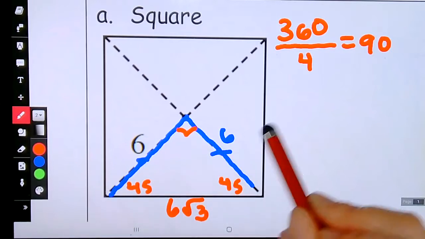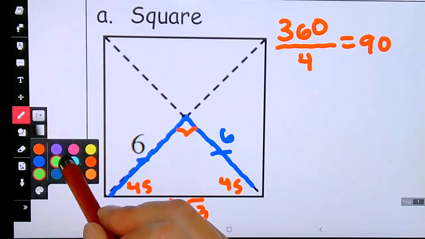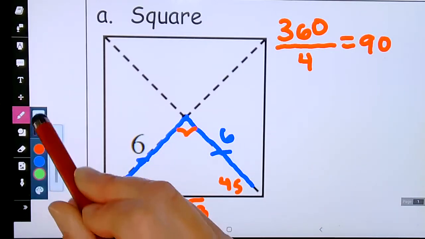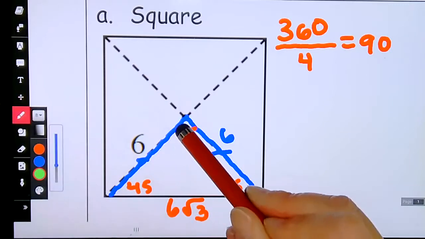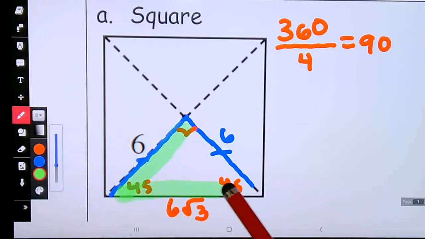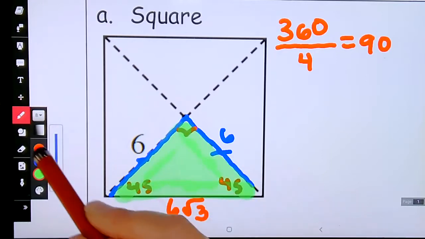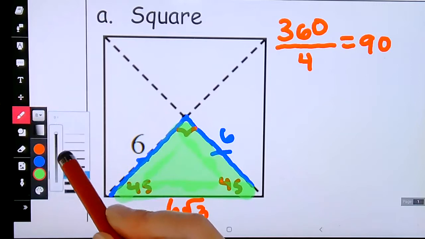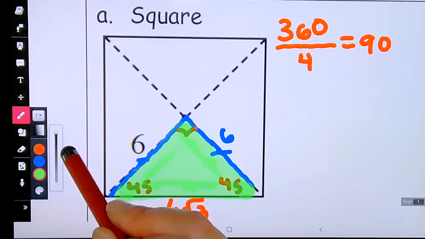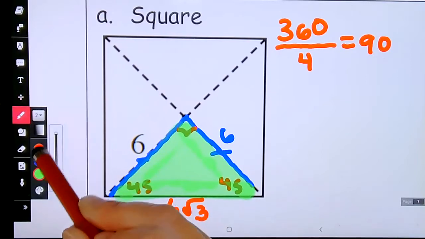So now I'm going to find the area, and the area I want to find is the area of this triangle right here. And I have 4 of them. When I'm trying to find that area, the formula I'm going to be using is base times height divided by 2.